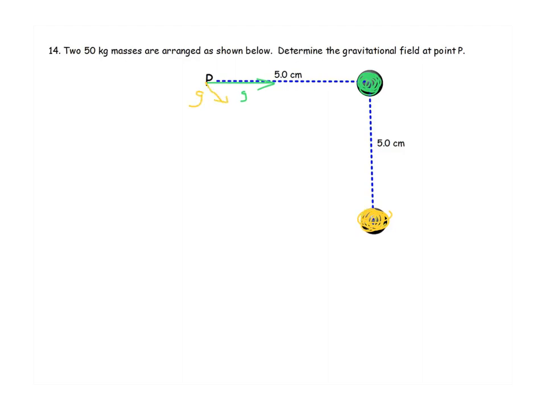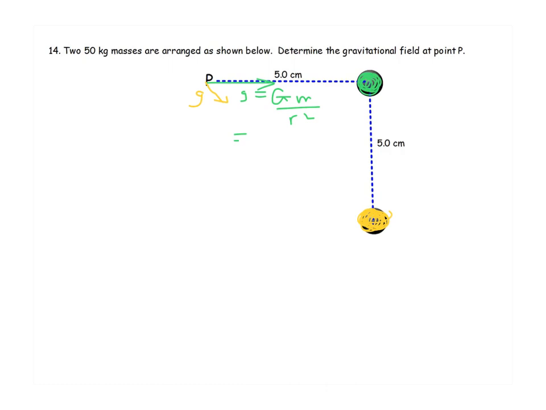Now, I think the yellow one will be less because it seems to be further away. And it should be if we think about right triangles. But let's calculate each of them separately. So the green one is big G m over r squared. I need to use units of meters.